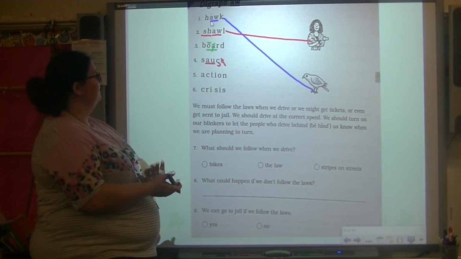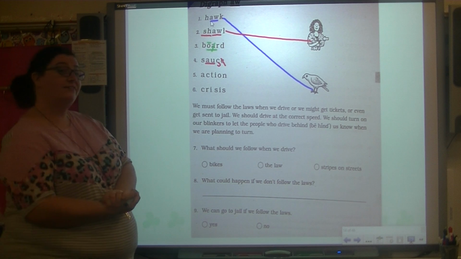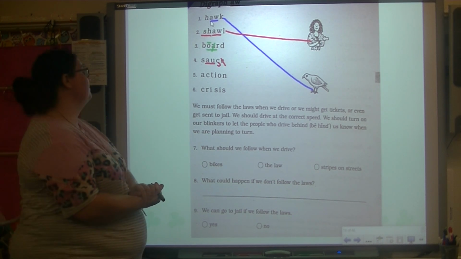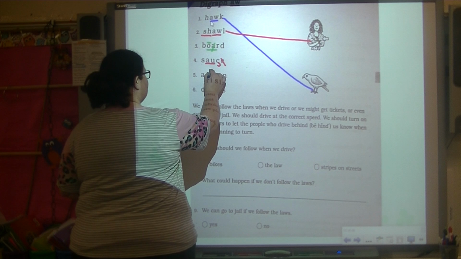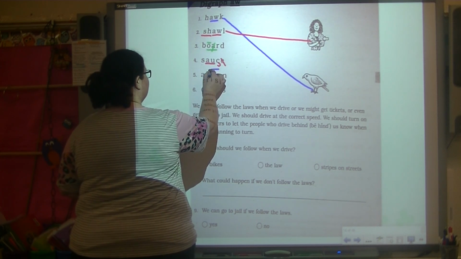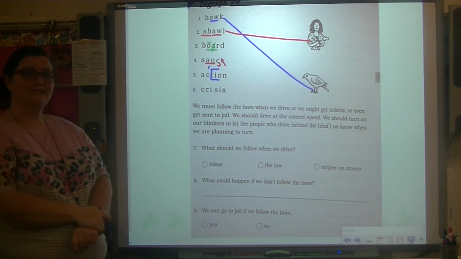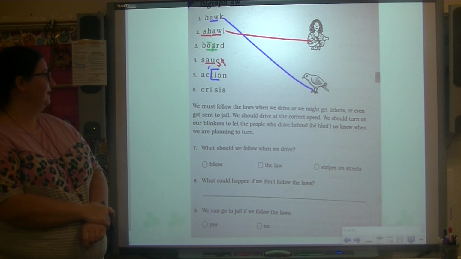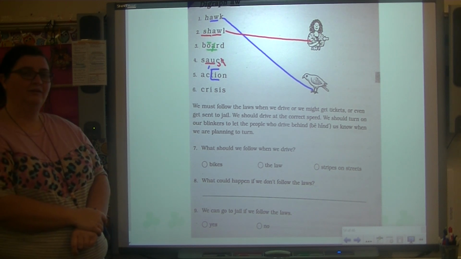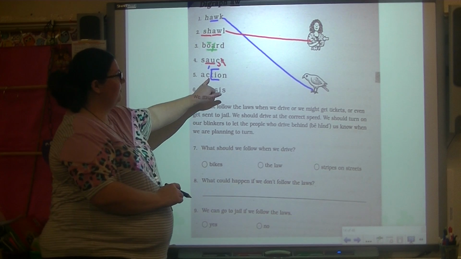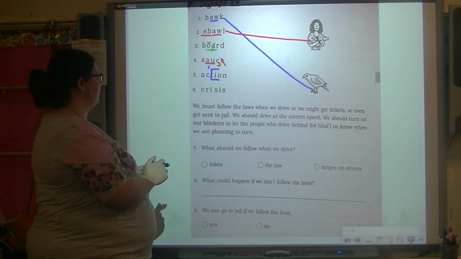All right, next one. What do we have? Final stable syllable. T-I-O-N. Accents on the first syllable. Now what do we do? Vowel followed by consonant is short.